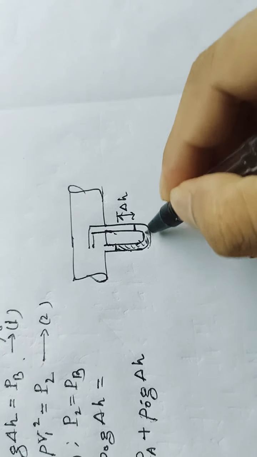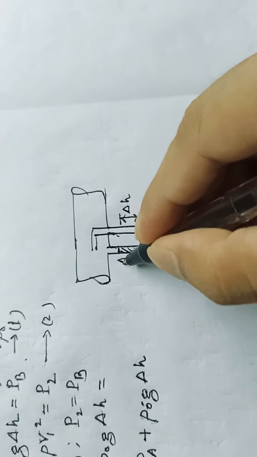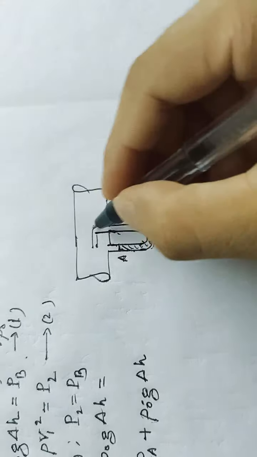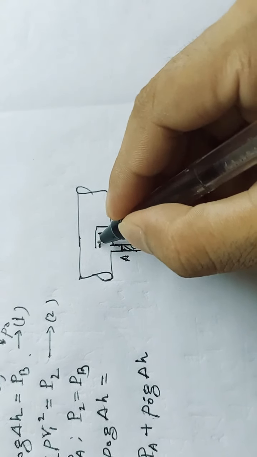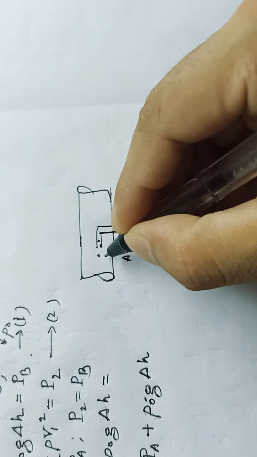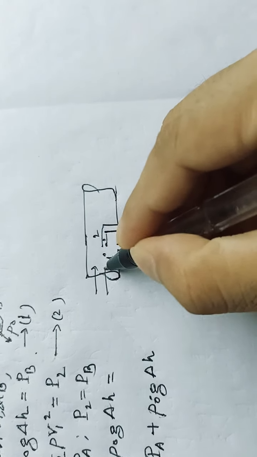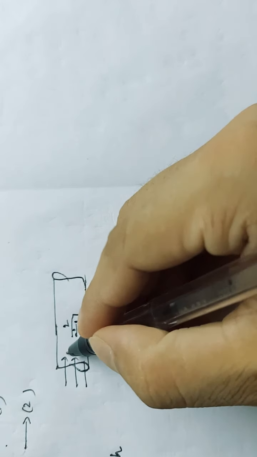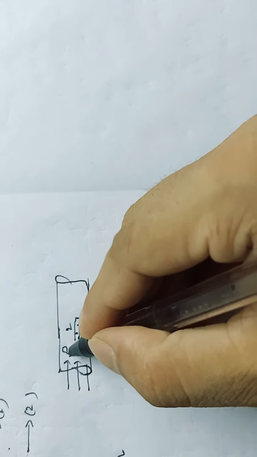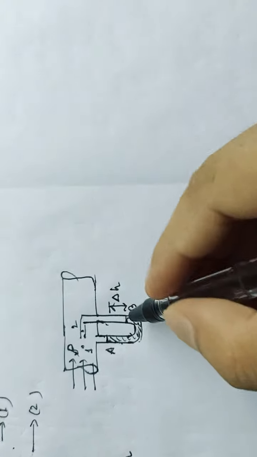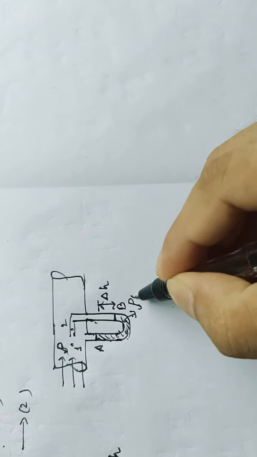Now we are considering point A here and point B here, and let's take two more points: point 1 is here and point 2 is here. This is the inlet segment where gas is flowing, the density of the gas is rho and the density of the liquid is rho naught.